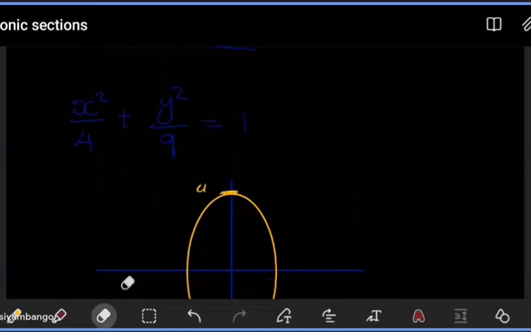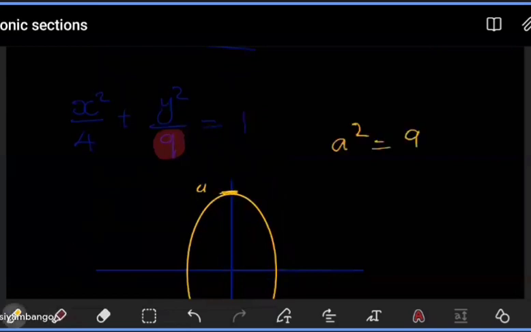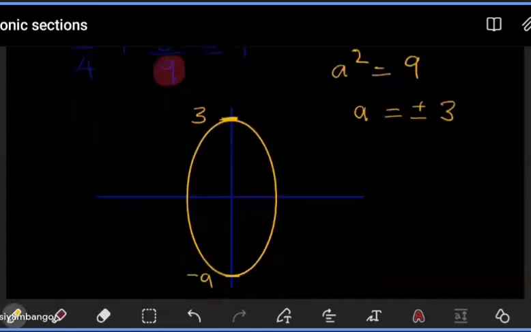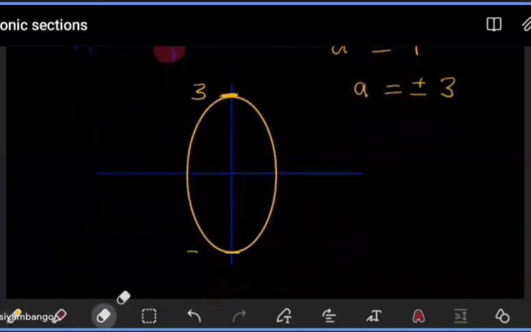Since I'm measuring a from here to there along the long direction, I would take a squared to be the bigger one, which in this case is 9. So a squared is equal to 9, so that a is equal to plus and minus 3. On top, we're dealing with a 3, and down here, we're dealing with minus 3.